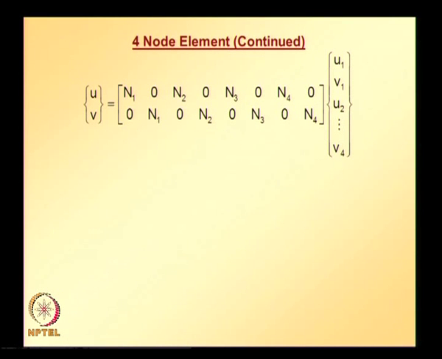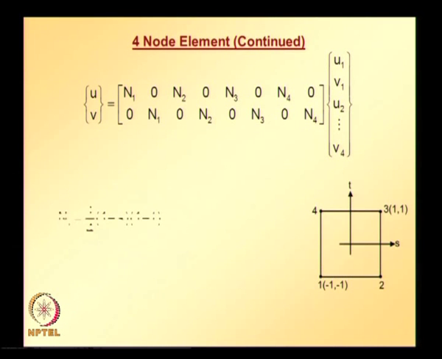Once we have the shape functions of all 4 nodes, we can write this equation which interpolates displacement using the nodal values at the 4 nodes and the interpolation functions, or shape functions. Here N1, N2, N3, N4 are shape functions corresponding to the 4-node parent element.